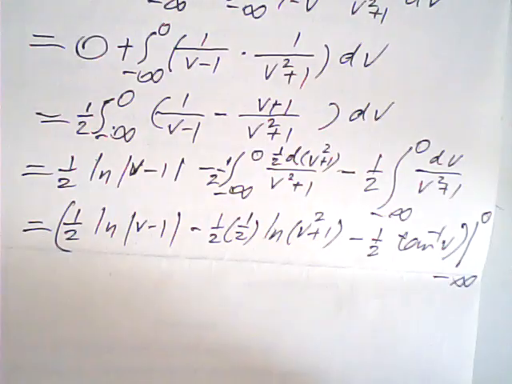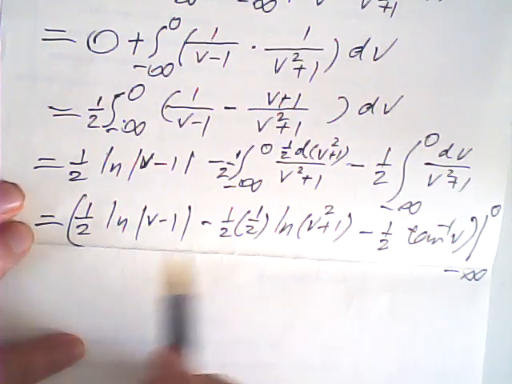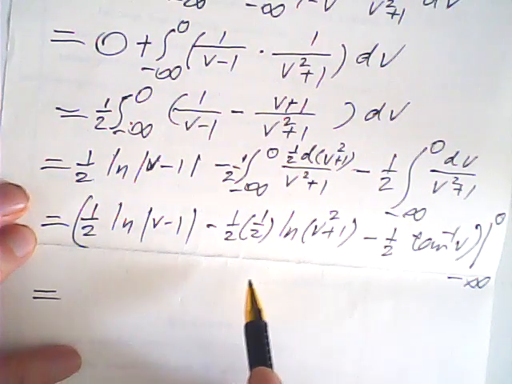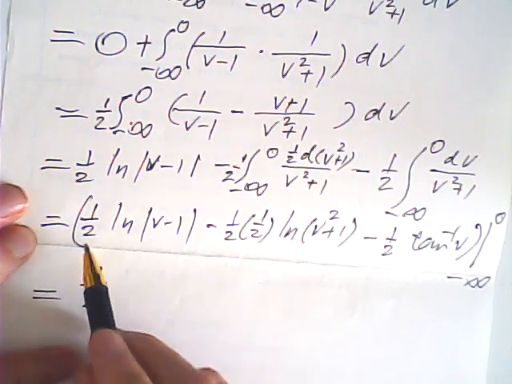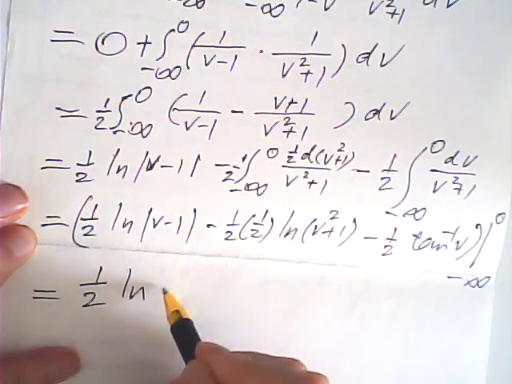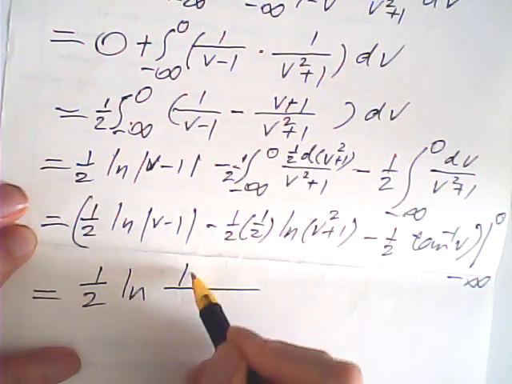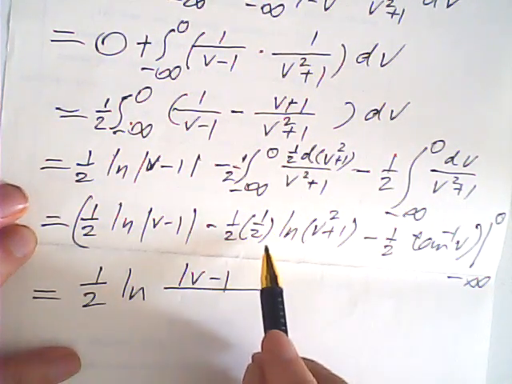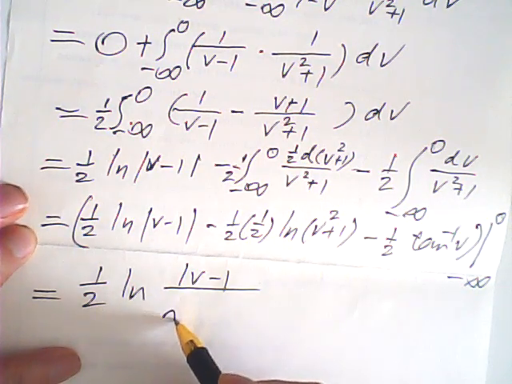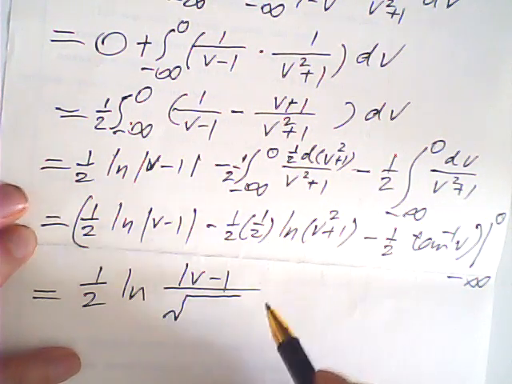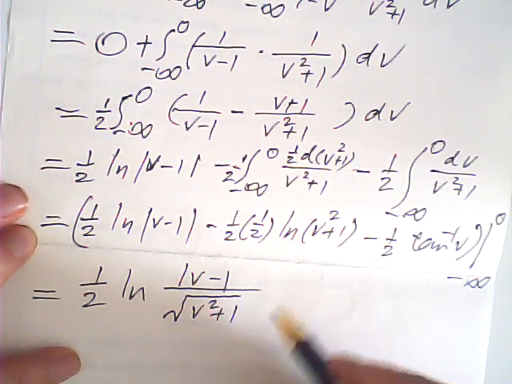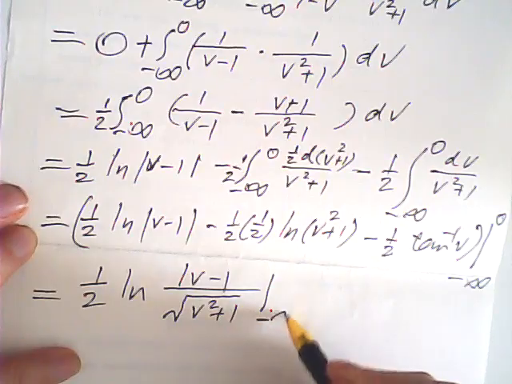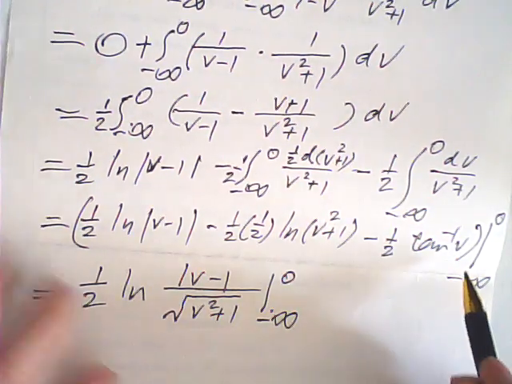Now I can combine, 1/2 is a common factor: natural log of v minus 1 over the square root of v squared plus 1, from minus infinity to 0.